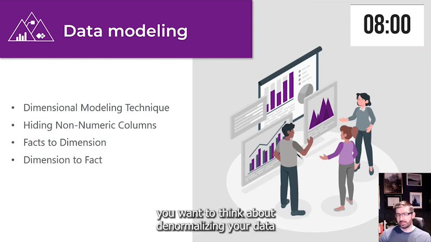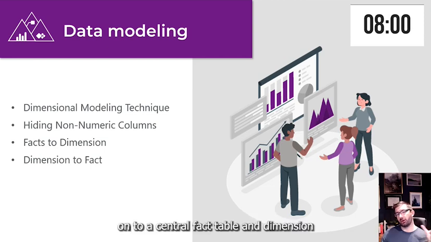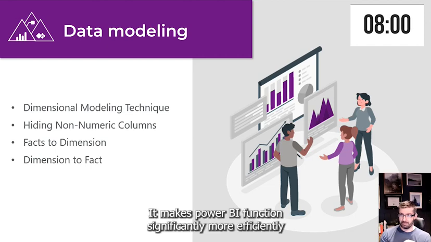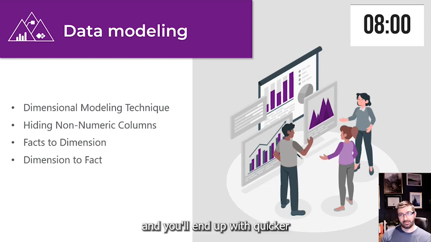You want to think about denormalizing your data onto a central fact table and dimension tables around the outside. It makes Power BI function significantly more efficiently, and you'll end up with quicker use cases and easier self-service.